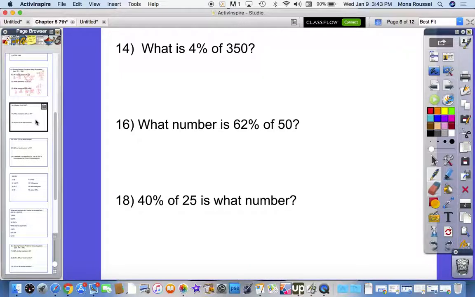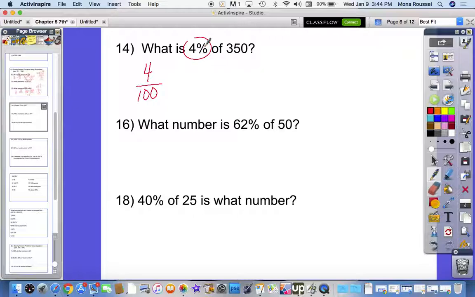Now we can use the same thinking and the same setup to solve other percent problems looking for other pieces of information. In the previous problems, we were looking for the percent. It asked us what percent. In this problem, we know the percent, it's 4%. We're being asked to solve for a different term this time.